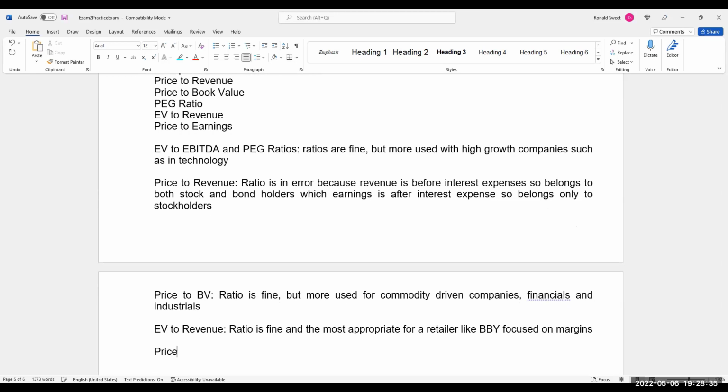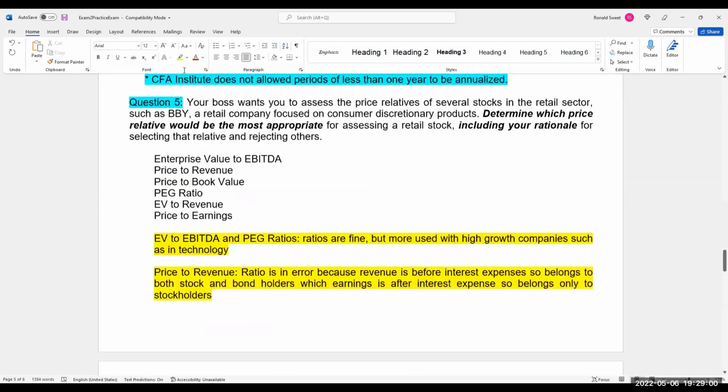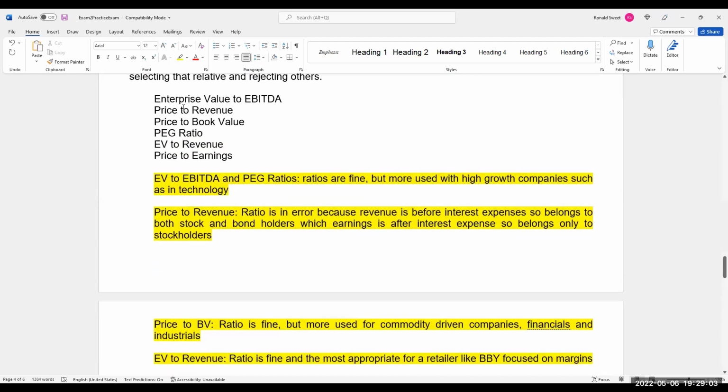And then price to earnings ratio is fine and used for all industries. There's really no industry that it doesn't apply to, but here your final answer is going to be the EV to revenue. That's your full answer. Again, this is the most missed question on the exam. I'm not sure why, but you understand this is pretty critical in your interpretation of numbers.